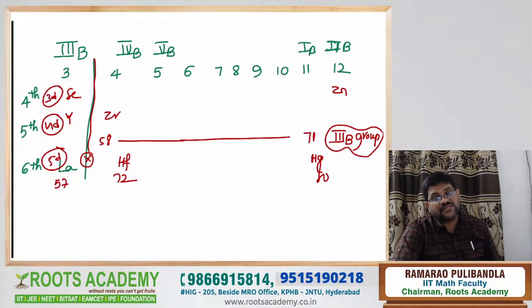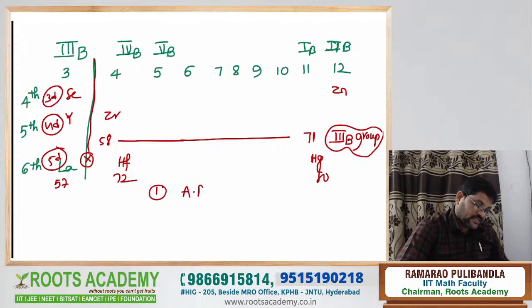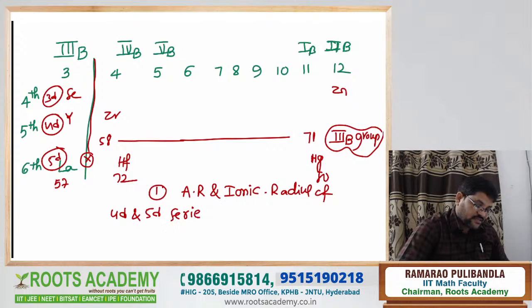Now the consequences start. Students, now what I am saying, consequences start. See the first consequence: atomic radius and ionic radius of 4d and 5d series of elements are similar. Why are the atomic radii of the 4d and 5d series of elements similar?